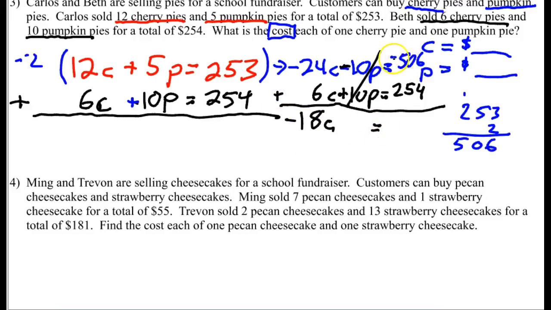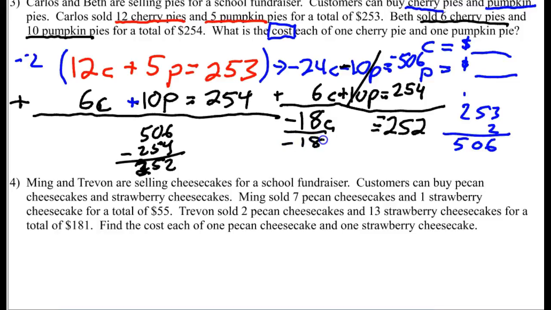And we have to do, let's see, negative 506 minus 254. Calculator would be useful if you have one. So we have 2, 25? Or 325? No, 2. Yeah, 252. There we go. 252, and that's negative.